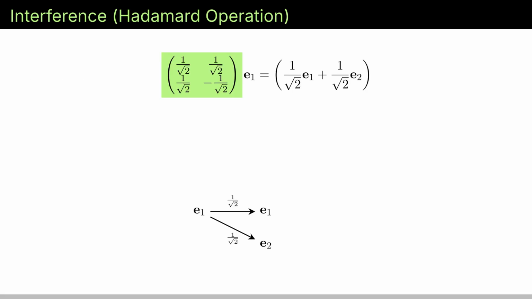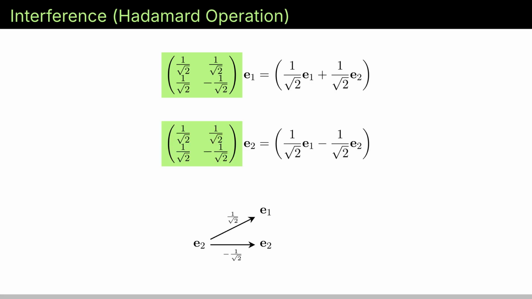More interesting is the situation where we have a unitary operation that introduces some quantum behavior. This Hadamard matrix here turns a system that's definitely in state 1 into a system that's in a superposition of a 50% chance of being in state 1 and a 50% chance of being in state 2.